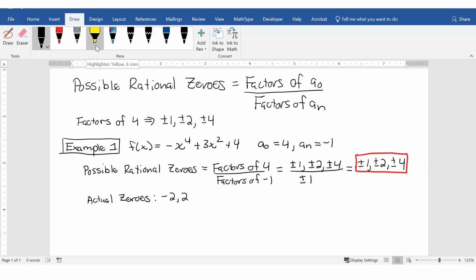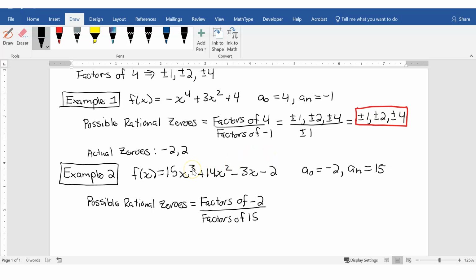Remember, when we come up with a list of possible rational zeros, that doesn't mean that every zero in that list is an actual solution to the polynomial. However, if there are rational zero solutions to the polynomial, they will be contained in that list somewhere. So notice we have 6 distinct possible values. The actual rational zeros are minus 2 and 2.